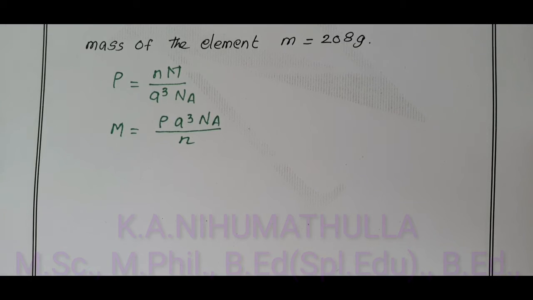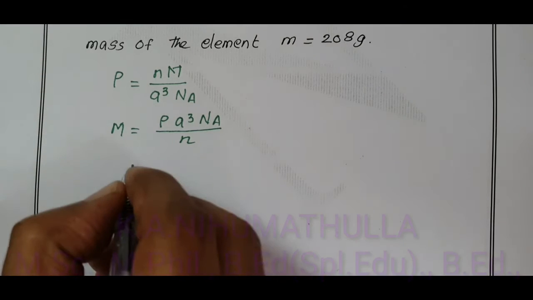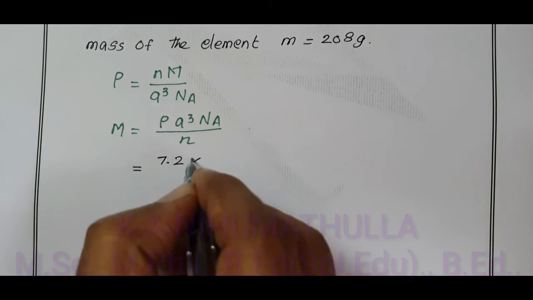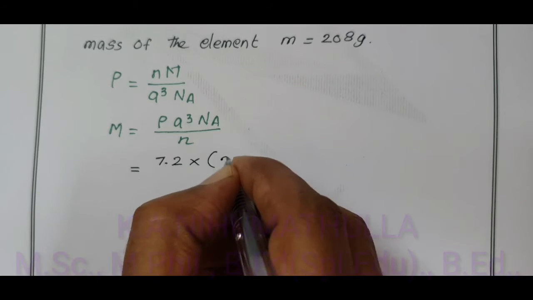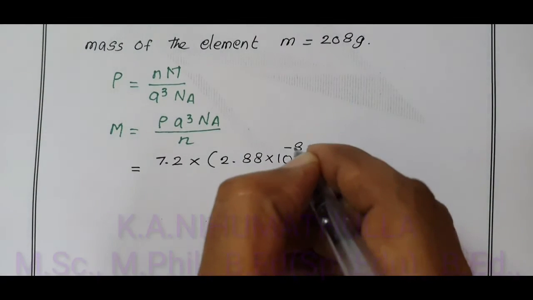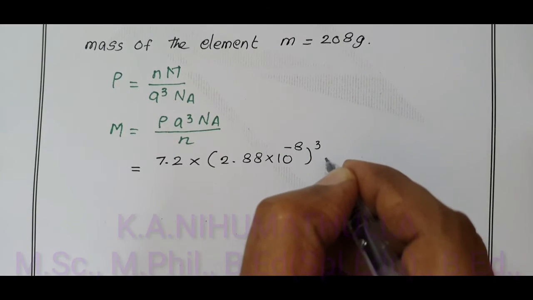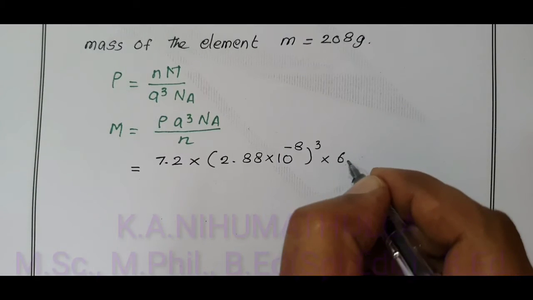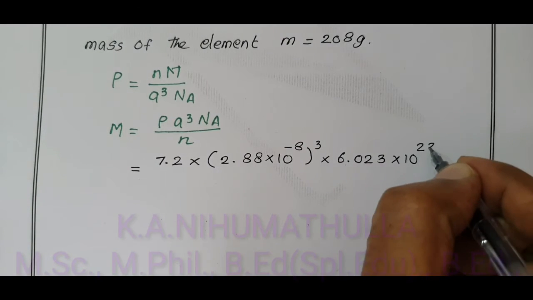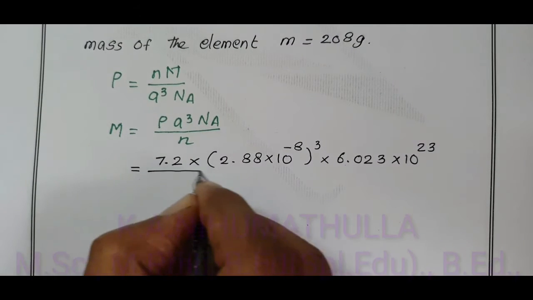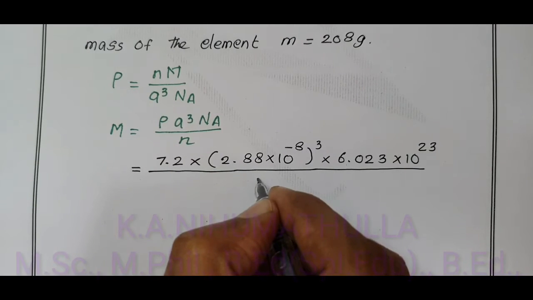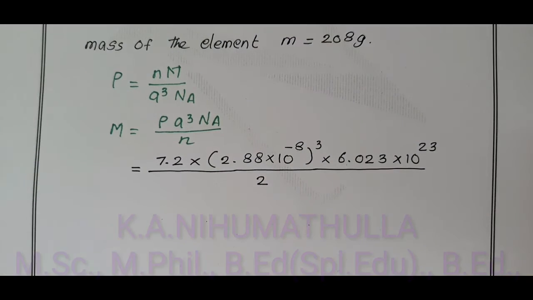Now I am going to substitute all these values. The given rho value is 7.2, and a cube value is 2.88 into 10 power minus 8, the whole cube, and Avogadro number 6.023 into 10 power 23, whole divided by n, number of atoms. In BCC, number of atoms equal to 2.